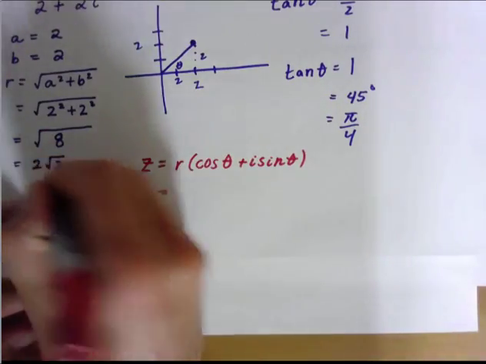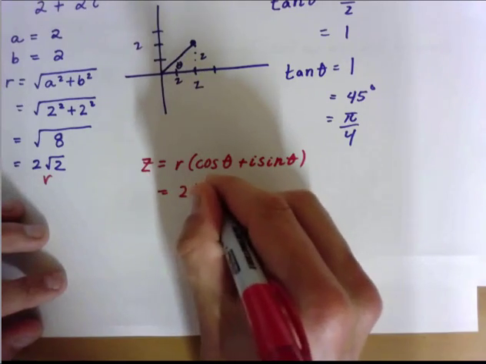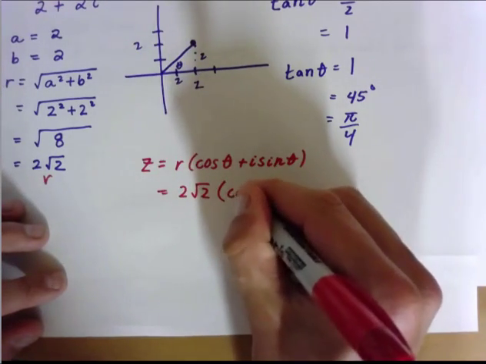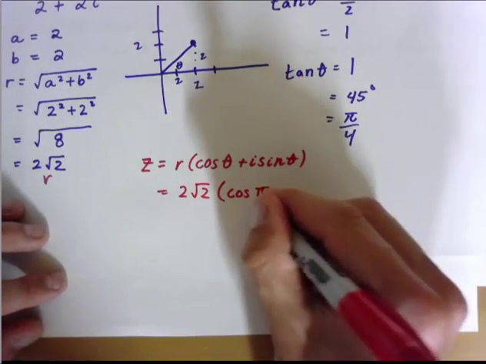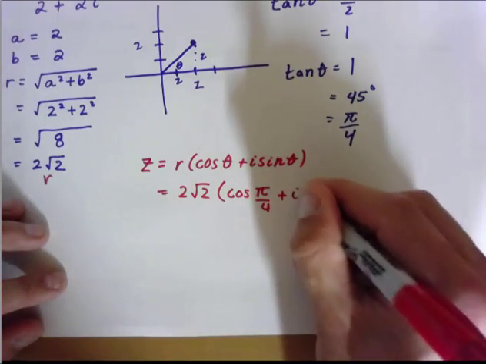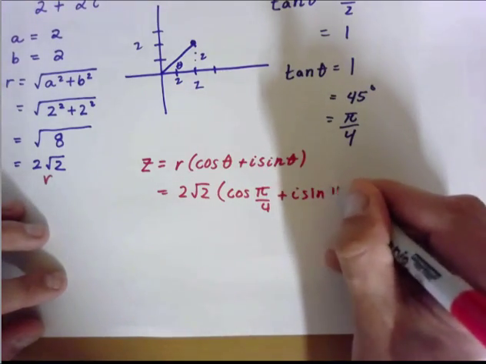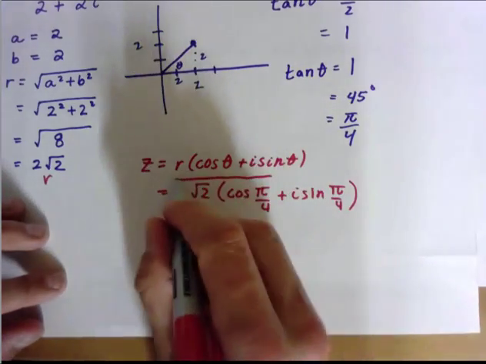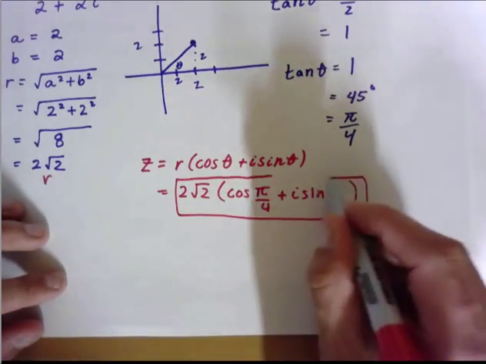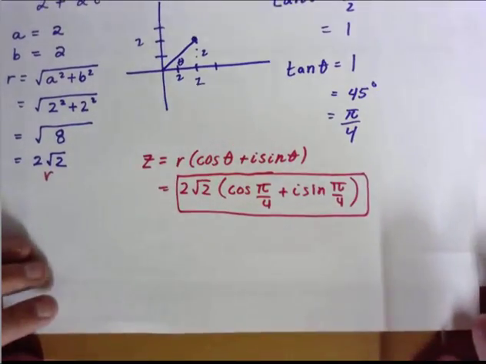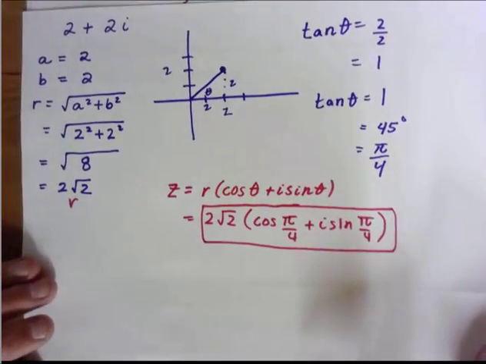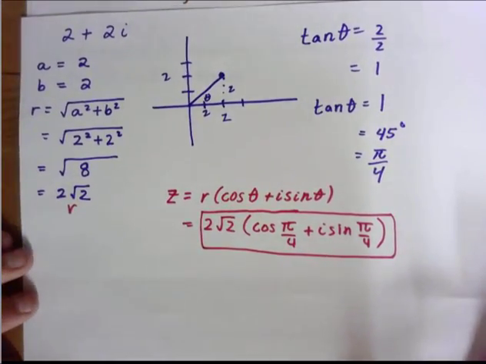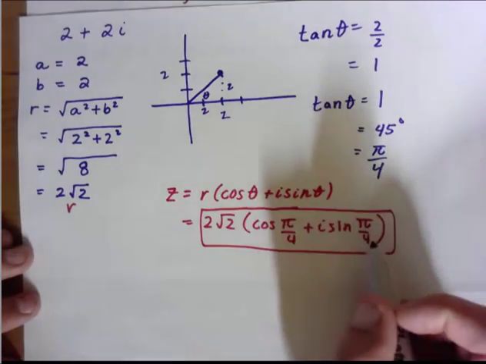Here's r: 2 root 2 times the quantity cosine of, I use radians, pi over 4, plus i sine of pi over 4. And that is our complex number written as a polar expression. So we're in polar form. That's all you need to do. We do not need to simplify that out.